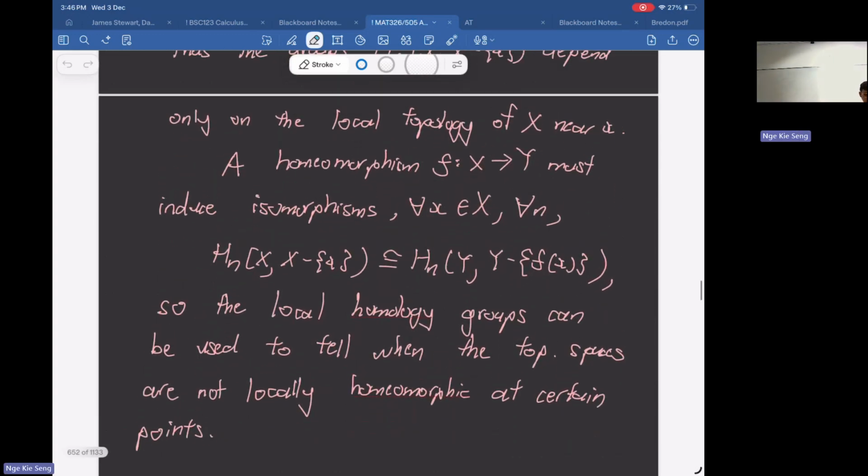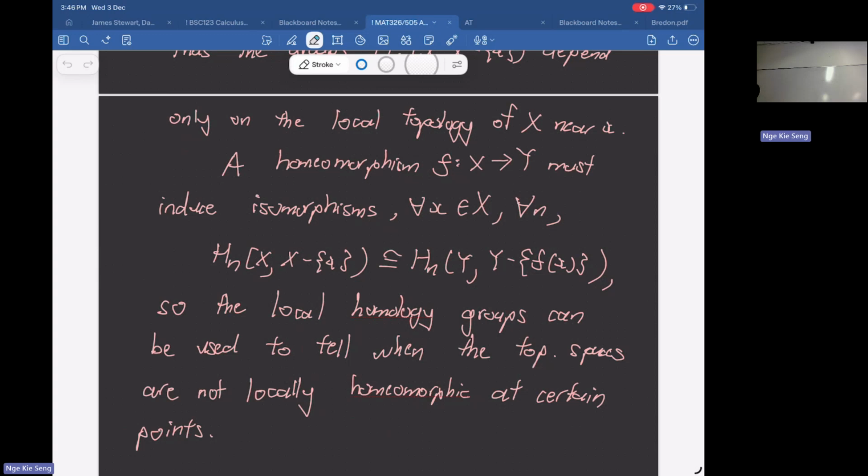So these homology groups can tell when the topological spaces are not locally the same at a certain point. Recall that it is not if and only if. The relation between homeomorphism and homology is just one direction.